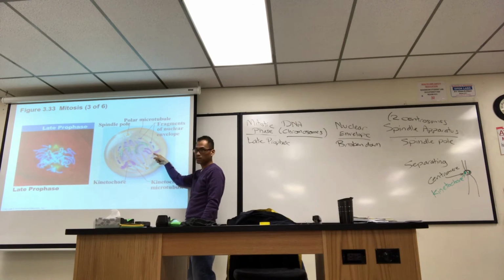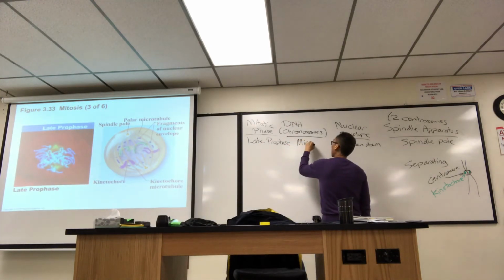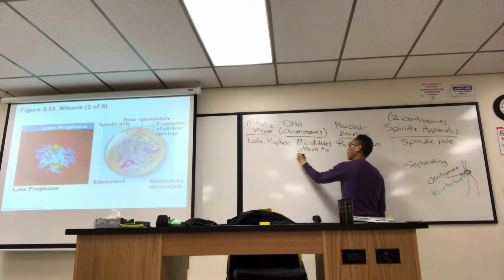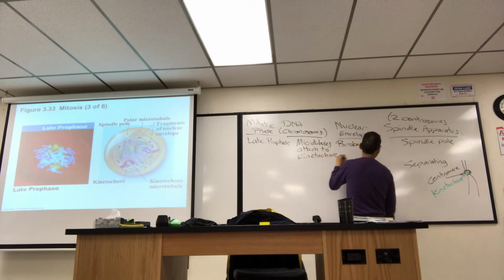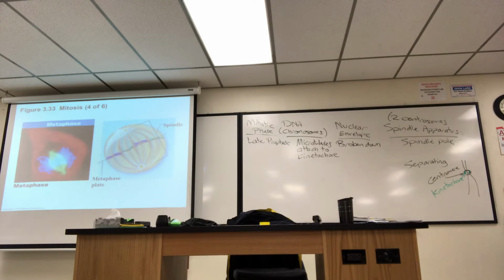They're going to move them around. The goal is to move them all to the center, the equatorial plate. And when it gets to that point, it's called something else, metaphase, okay?